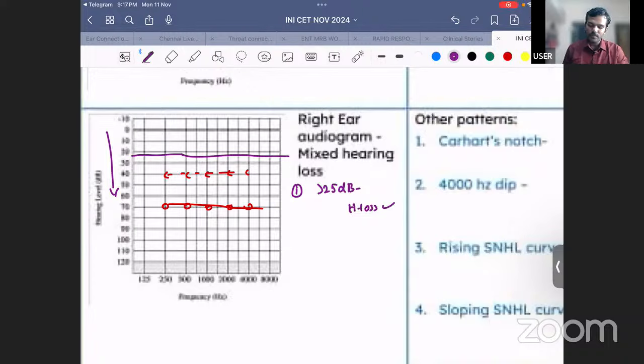The second thumb rule is the bone conduction curve is more than 25 decibel. It shows that sensory neural loss is there.